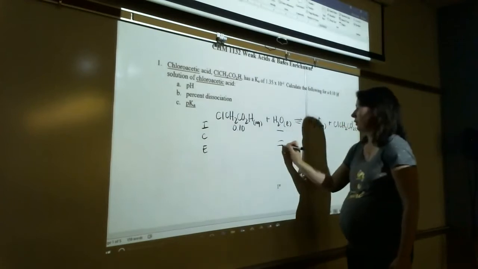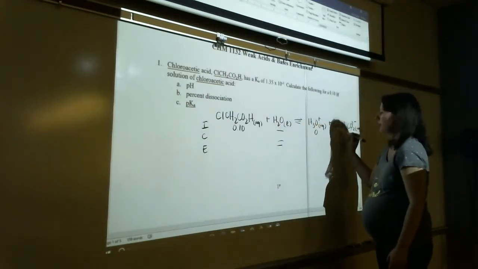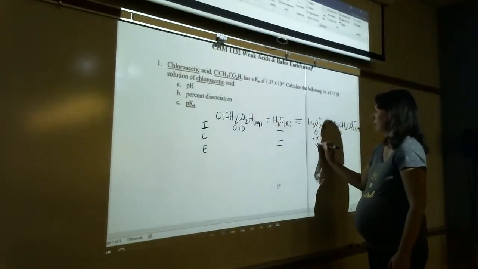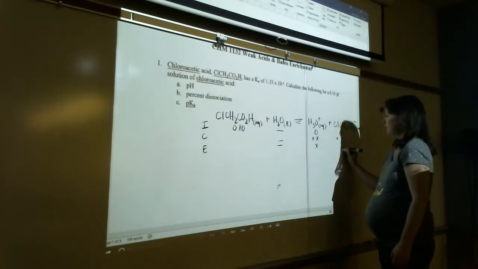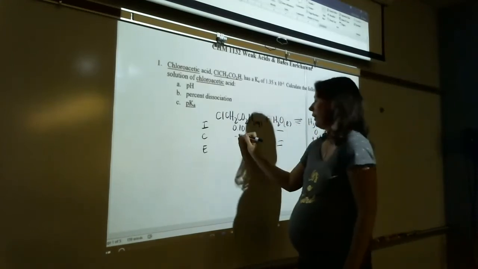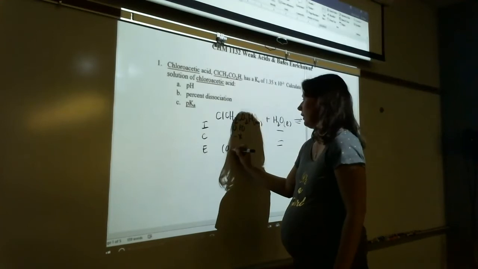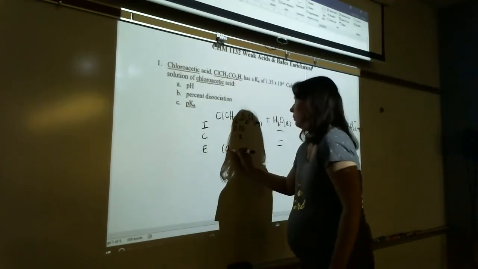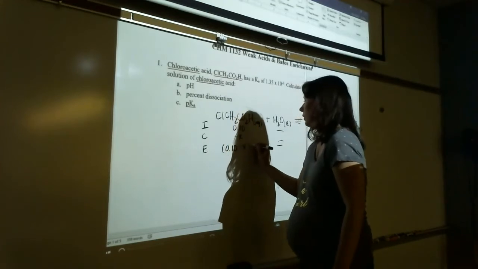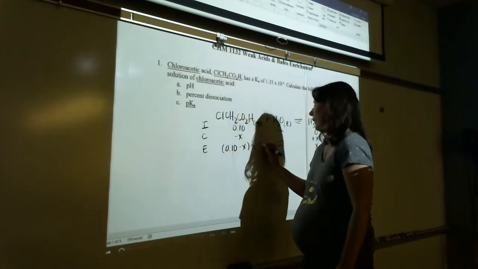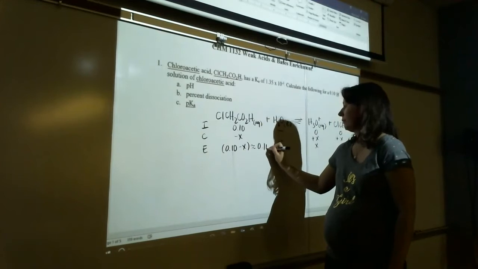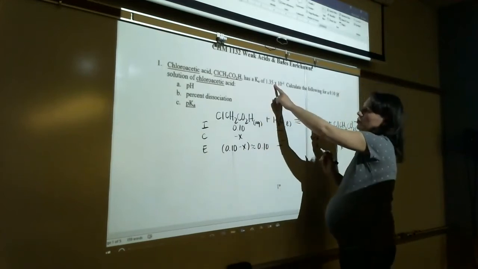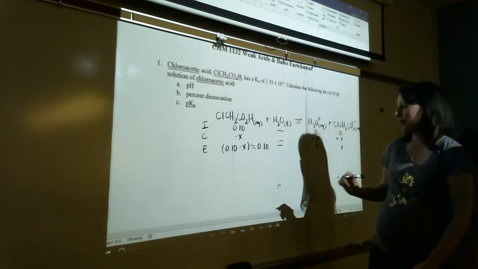The water is who cares, and this is 0. This is going to go up by x, and this is going to go down by x. We're going to make the 5% approximation because Ka is so small, right?